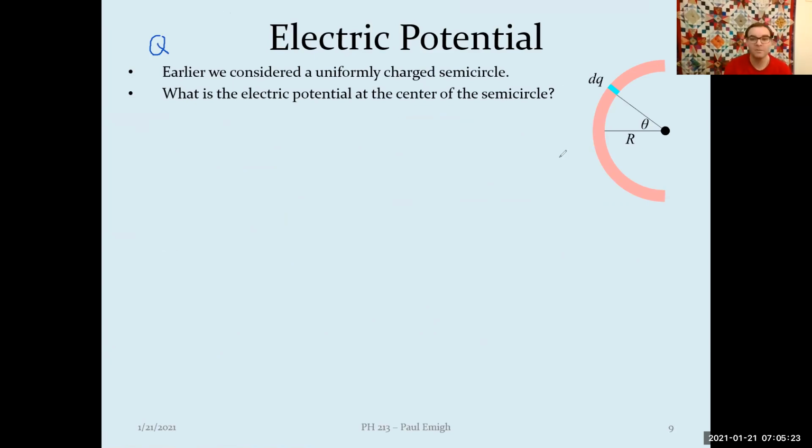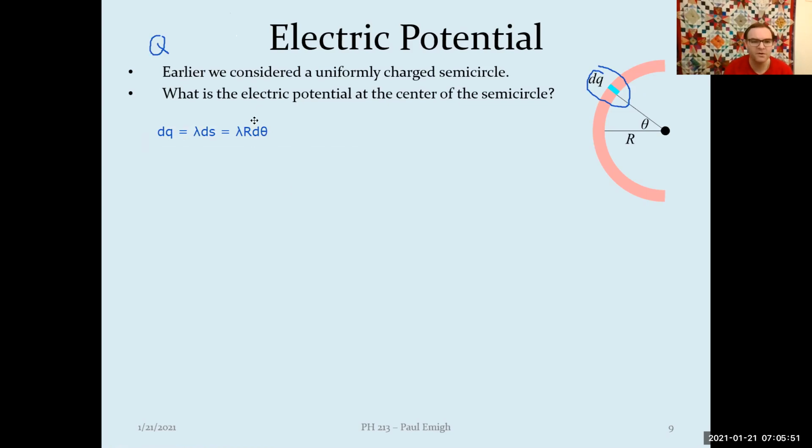So just like we did a couple of weeks ago, I'm going to try to find what is the total charge on this thing. And so I'm going to think about the chopping stage. dq is equal to, I know this is equal to lambda times ds, the arc length along the circle, and ds is the radius times d theta. So now I've got the dq.